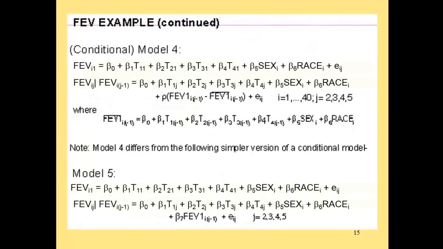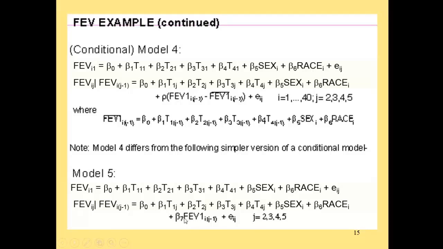Now, model 4 and 5. These are the conditional models. This is all I'm going to say about conditional models today. So let's start with model 5. The new term down here is beta 7.